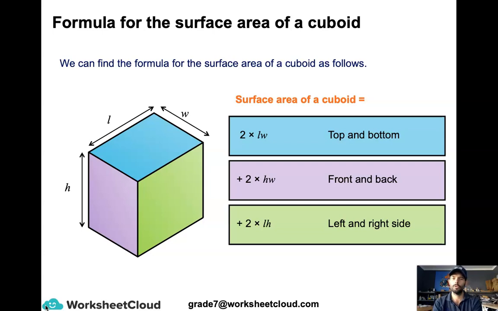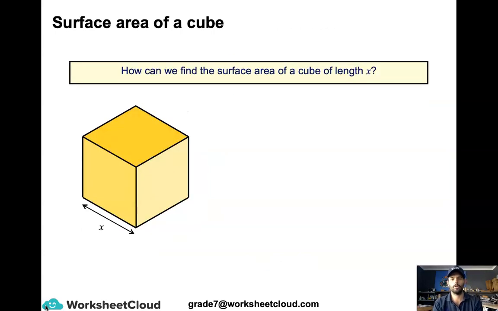And it's going to be 2 multiplied by the length and the height for the left and the right side. Just remember that where it says LW or HW or LH, that means length times width, or height times width, or length times height for the green section. And then all we need to do is add those values together, and that will give us the total surface area.